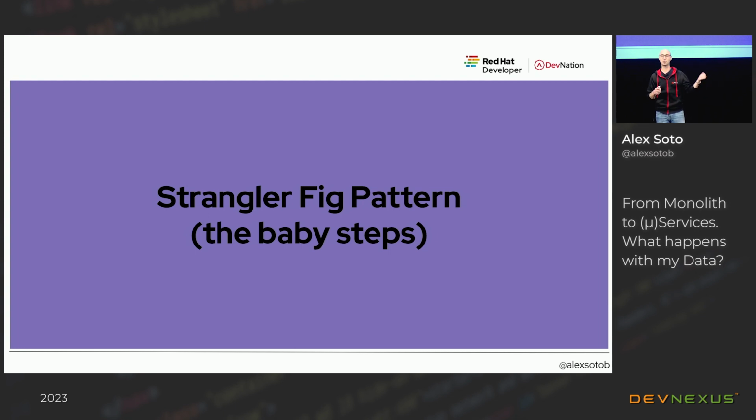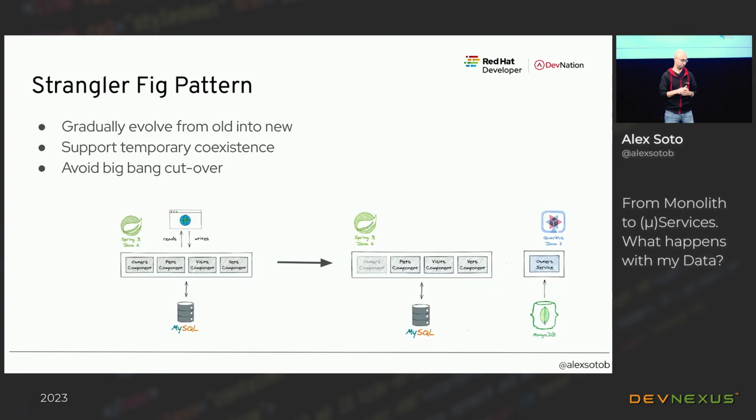And this is exactly what the Strangler Fig Pattern is used for. It's the baby steps that you need to follow to make this migration correctly. Basically, the Strangler Fig Pattern lets you gradually evolve from an old version into a new version, having temporary coexistence.